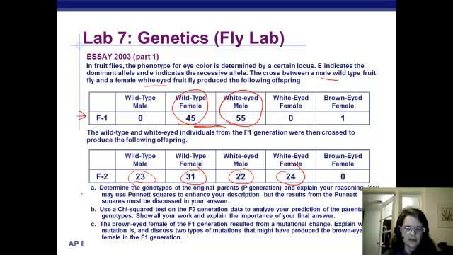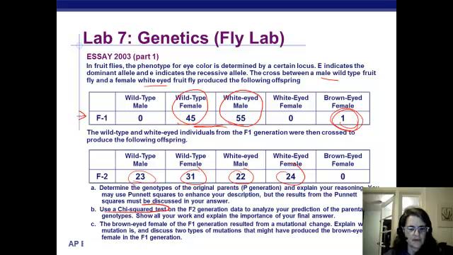Okay, and so they want you to be able to determine things from those ratios that you've gotten. And then you've got this oddball brown-eyed female, and so they do ask some questions about that as well.